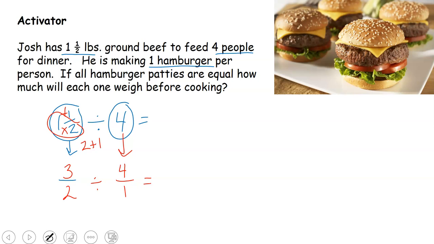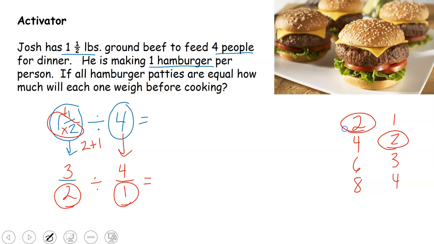Then from here, to divide, we need common denominators. So look at the 1 and the 2 and think about the denominator that you could use. Well, if I find my least common multiple, or you could say least common denominator, I am just going to count by 2's, and then I'll count by 1's, and I hope you see that we can use 2 as our denominator. 3 halves already has a denominator of 2, so we'll leave that alone.